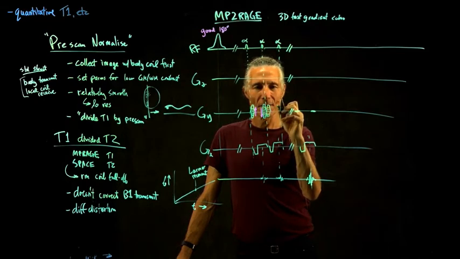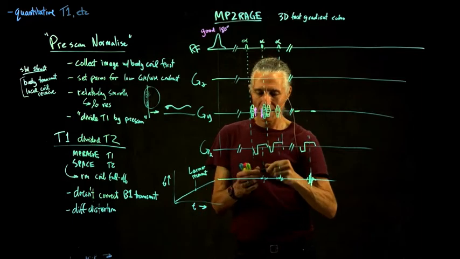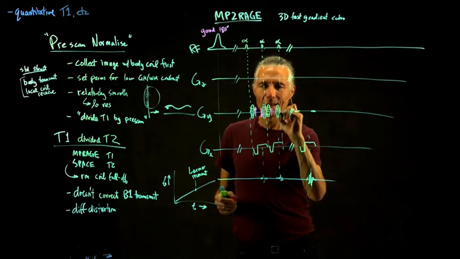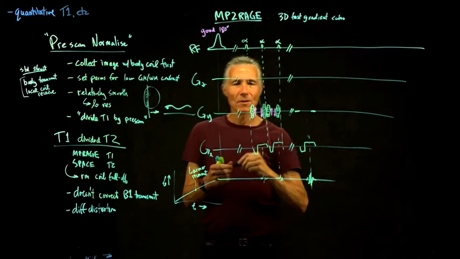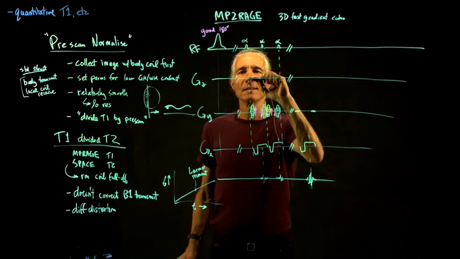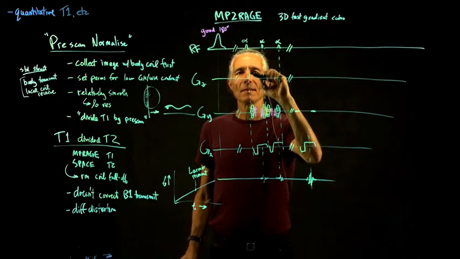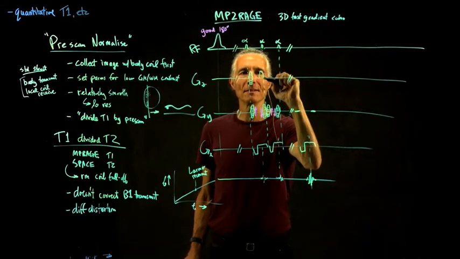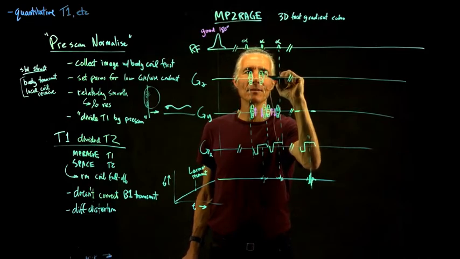So far we haven't done anything different except we just put the gradients back. So here's another different phase encode step, and it's going up and down. But it's a 3D scan, and so a 3D scan means that we've also got to do this business on the z-axis, because we're collecting 16 million data points, or in this case we're collecting 32 million data points because we're doing 2 of these eventually.